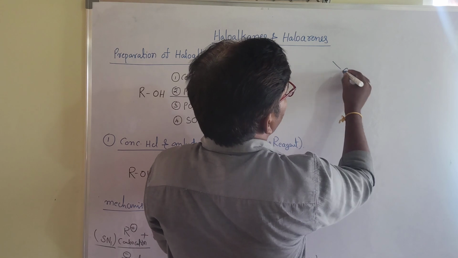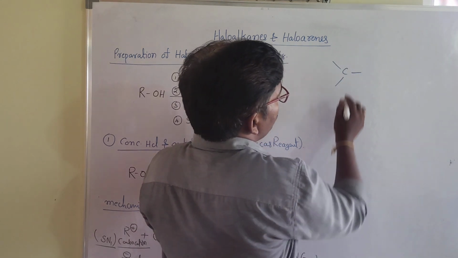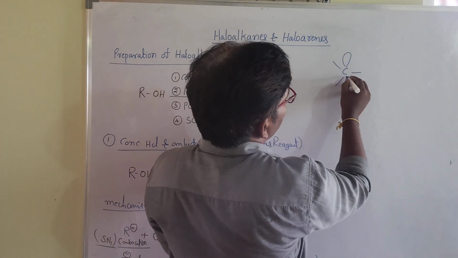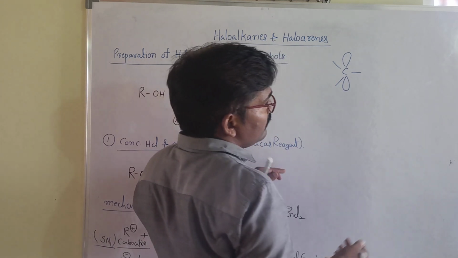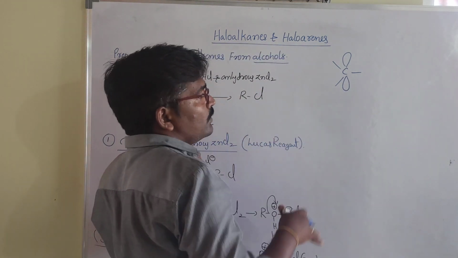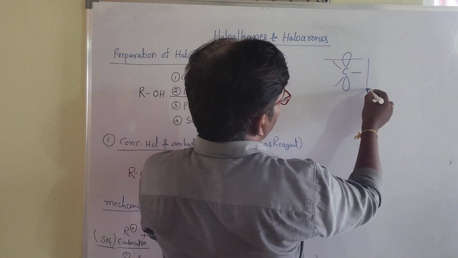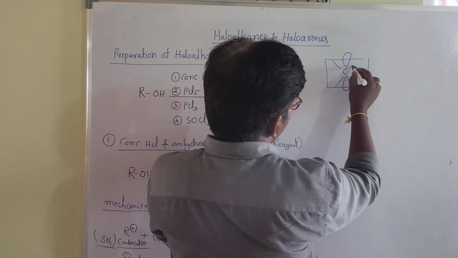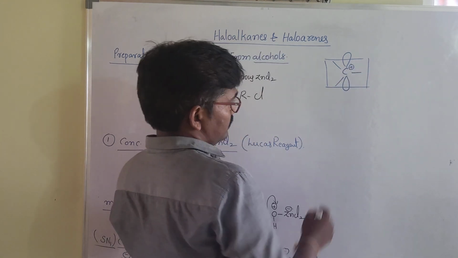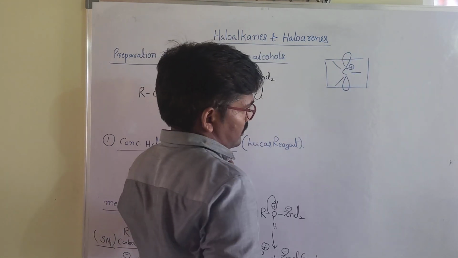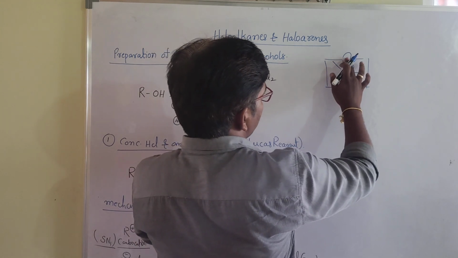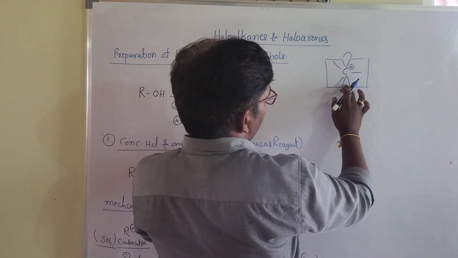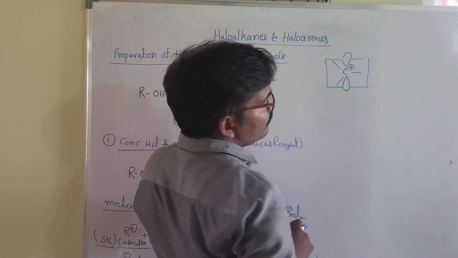Carbon will be there, then three other groups are there, and a positive charge will be there. The p orbital will be present above the plane and below the plane. The positive charge is on the carbon atom, in a vacant p orbital. So these lobes are above the plane and below the plane.